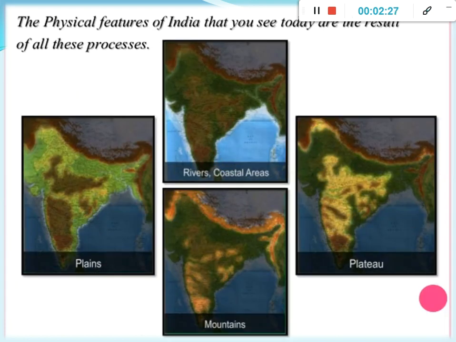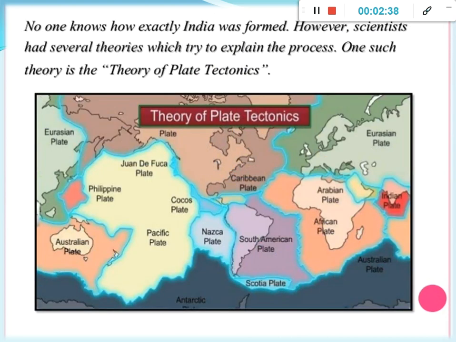Today we look at the process of how plains are formed, how rivers and coastal areas are formed, how mountains and plateaus came to be. So there is a theory that scientists have. That theory is known as the theory of plate tectonics.